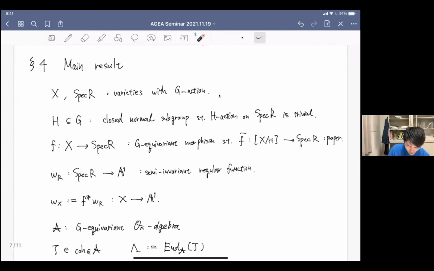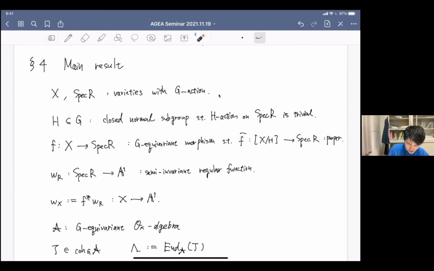And let WR be some semi-invariant regular function on Spec R. And define WX to be F upper star WR.